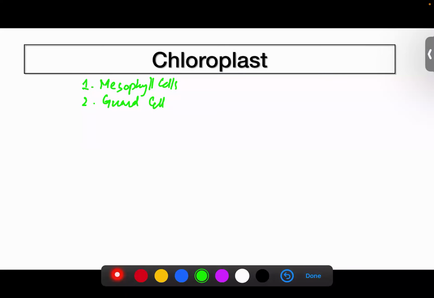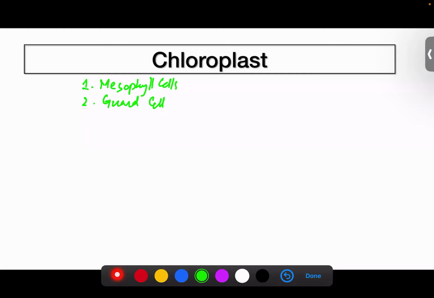If you look at a cross section of a leaf, many leaf tissues don't have any chloroplast present in them, like epidermal cells don't have any chloroplast. Vascular bundle doesn't have any chloroplast in them. It is only the mesophyll cells and the guard cells.